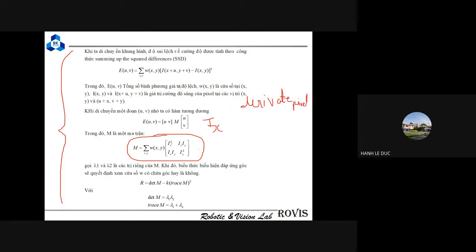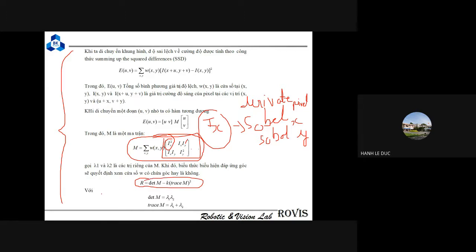To obtain this one, we do the Sobel filter on the x direction, and then Iy here is the Sobel in the y direction, right? And then we multiply and square it, and then we put it in this matrix. And from this one we calculate the number R here, the R equation.